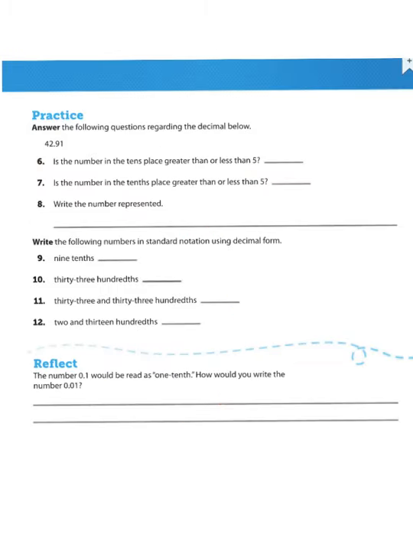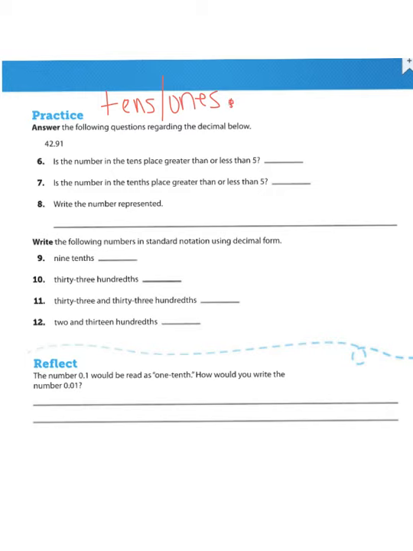So now on the practice, we're going to be answering some questions based off this decimal right here. So we have to think about place value. And I will try and find a place value chart and post it to our Canvas page. But for right now, just to review, we have your tens, and then your ones, and then you're going to have a decimal point.